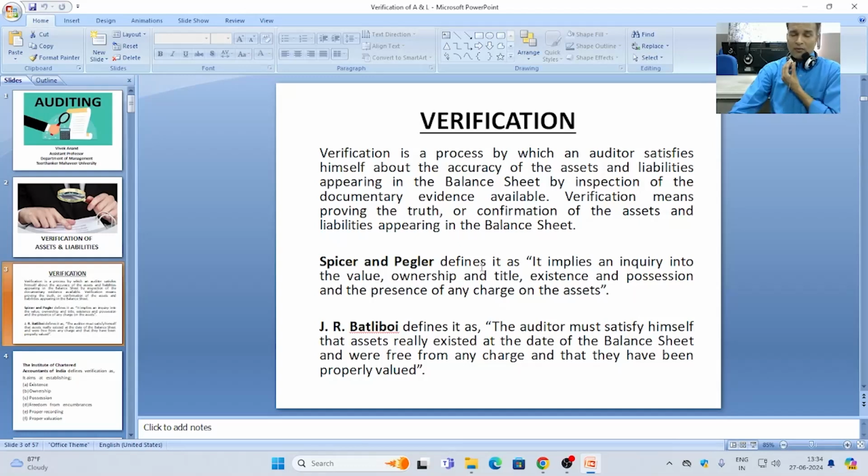So this is all about verification, which requires that an auditor make an inquiry regarding the value, ownership, title, existence, possession and identification of charge on the assets and liabilities shown in the balance sheet.